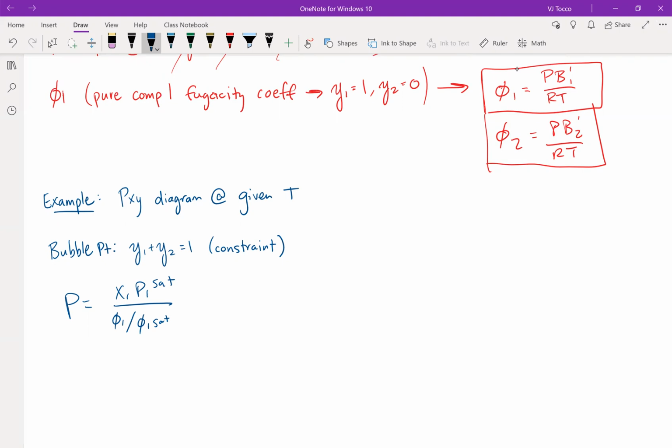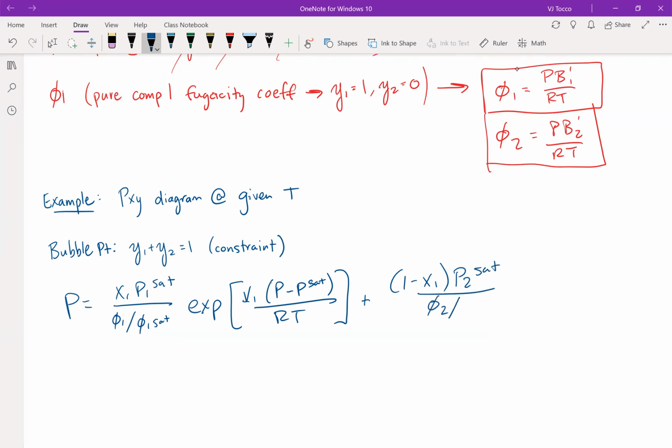And remember that phi1 set is just the fugacity coefficient evaluated at the vapor pressure, times exp of molar volume of component 1 times (P minus P set) over RT, and then plus (1 minus x1), which is x2, times P2 set over phi2 over phi2 set, exponent of molar volume 2 times (P minus P set) all over RT.